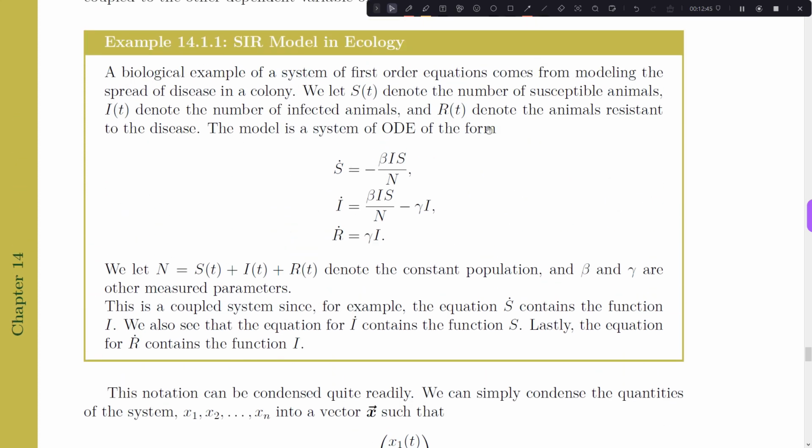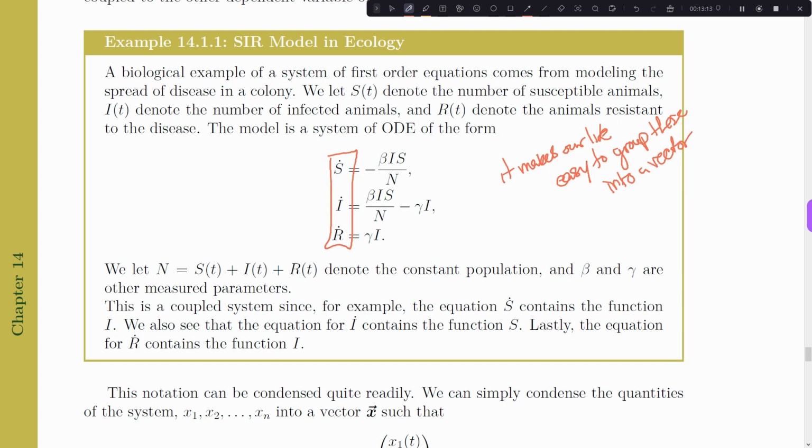So talking about the system SIR, we'll notice that we have three different variables which all depend on things. It makes our life easy to group these into a vector.